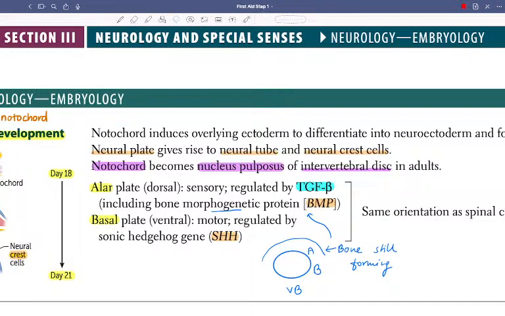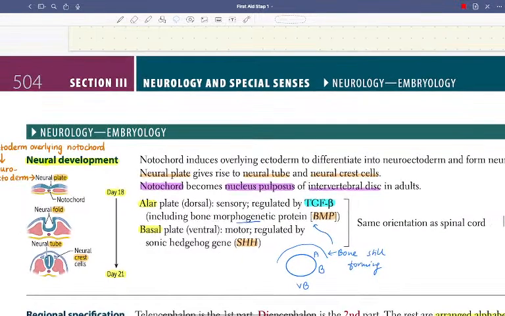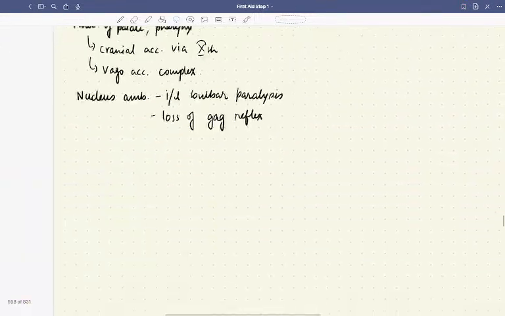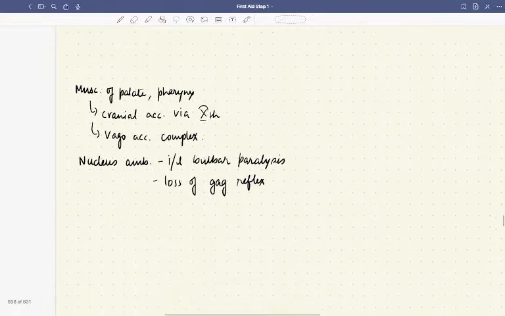So basal, motor, ventral, sonic hedgehog factor. And this side, alar, is regulated by TGF beta, also bone morphogenetic protein. This part is very important.